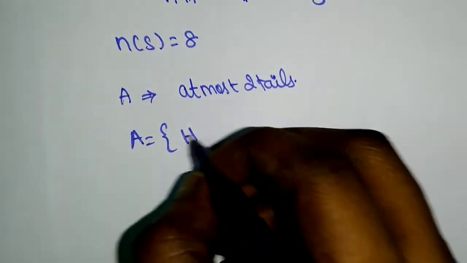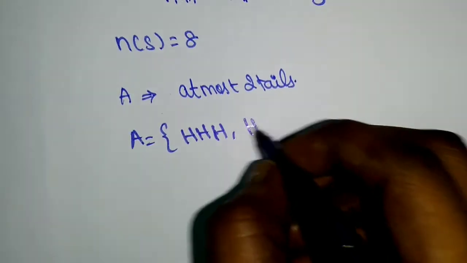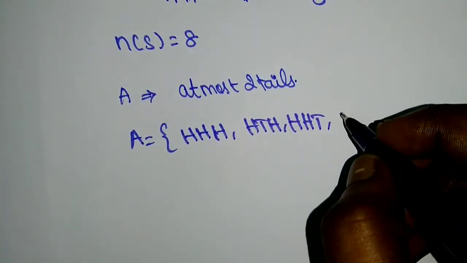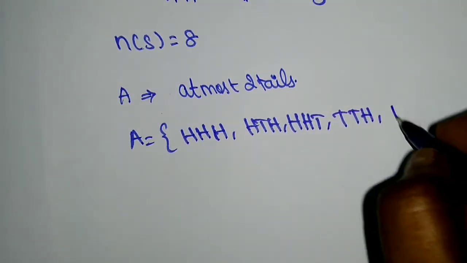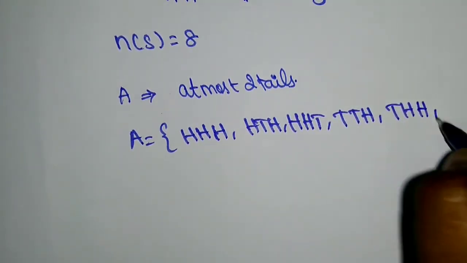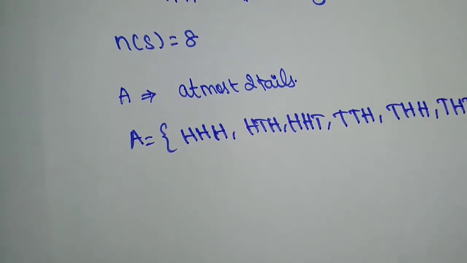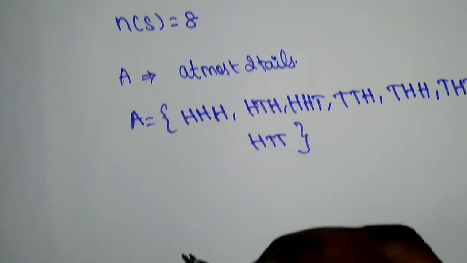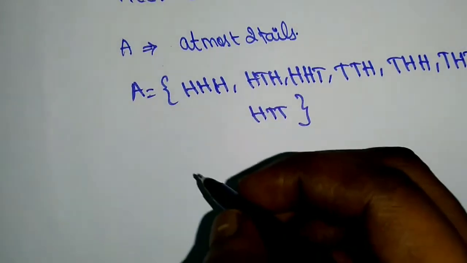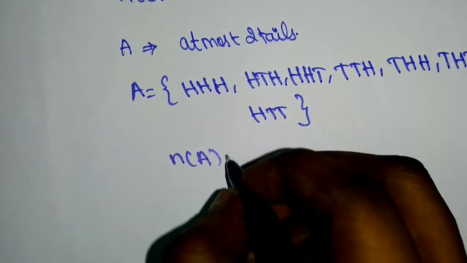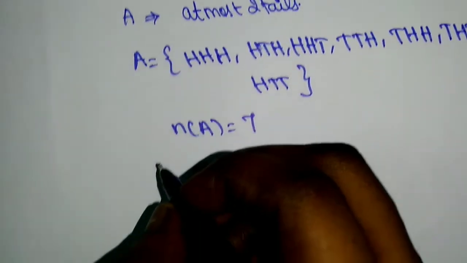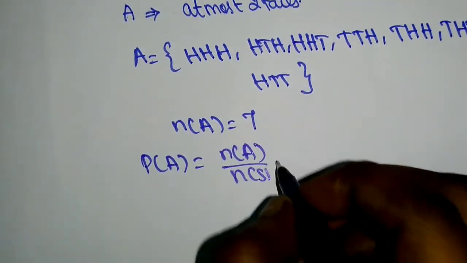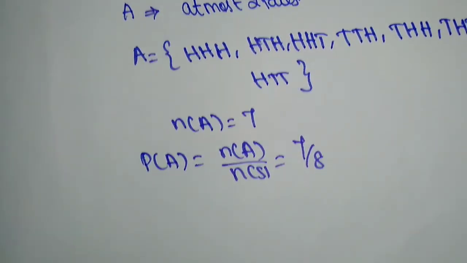So HHH, HTH, HHT, TTH, THH, THT and HTT. Okay. So now N of A is equal to 7. So P of A is equal to N of A divided by N of S. So 7 by 8. Okay.